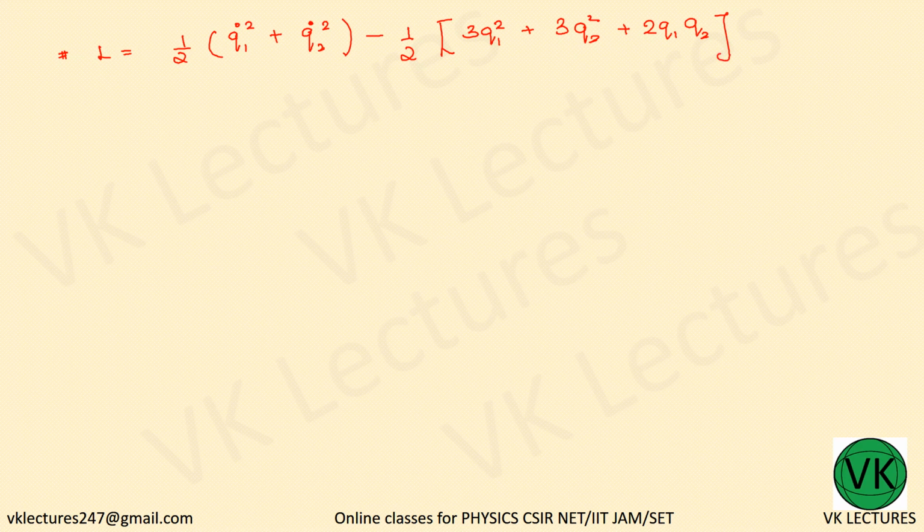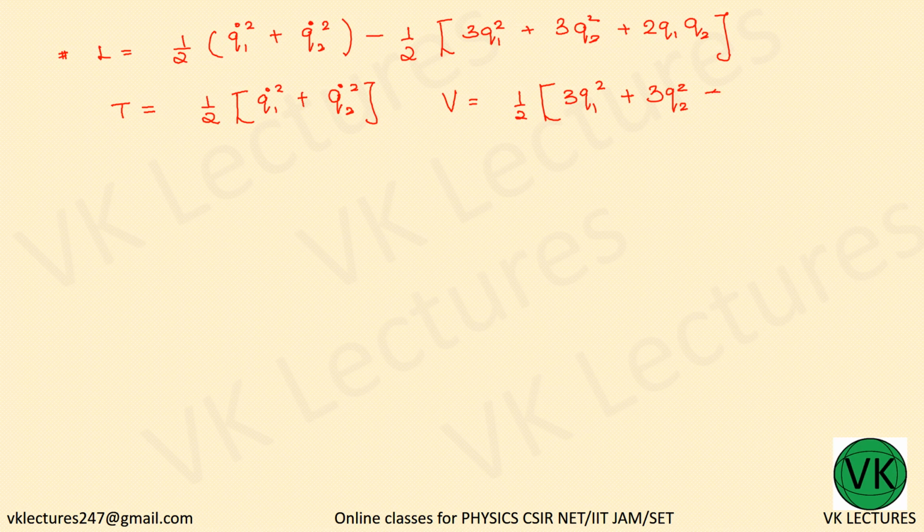Now we need to write the kinetic energy and potential energy. So the kinetic energy is equal to half q1 dot squared plus q2 dot squared. Now V is equal to half 3q1 squared plus 3q2 squared plus, let us write, q1 q2 plus q2 q1.